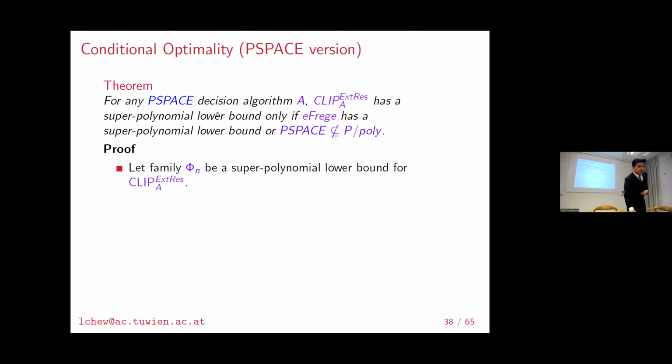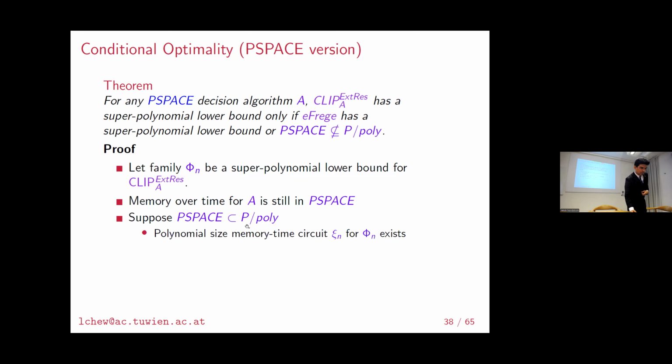So for any decision algorithm, if we equip this with a powerful proof system like extended resolution, it has a super polynomial lower bound only if extended Frege has a super polynomial lower bound or PSPACE is not contained in P/poly. So suppose we have a super polynomial lower bound. The memory over time is still in PSPACE, and now suppose that PSPACE is contained in P/poly.